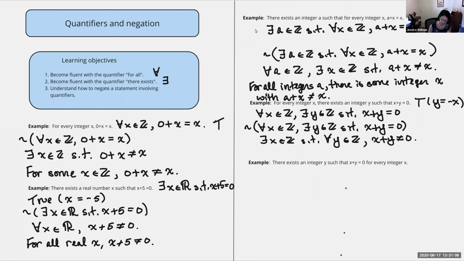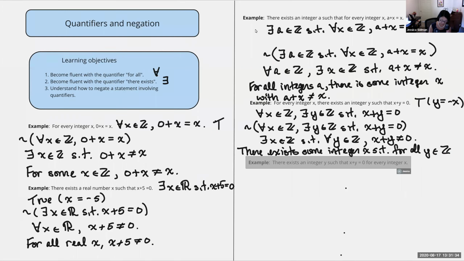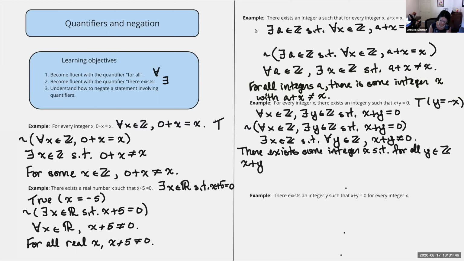So I could rewrite that in words as: there exists some integer x such that for all integers y, x plus y is not 0.